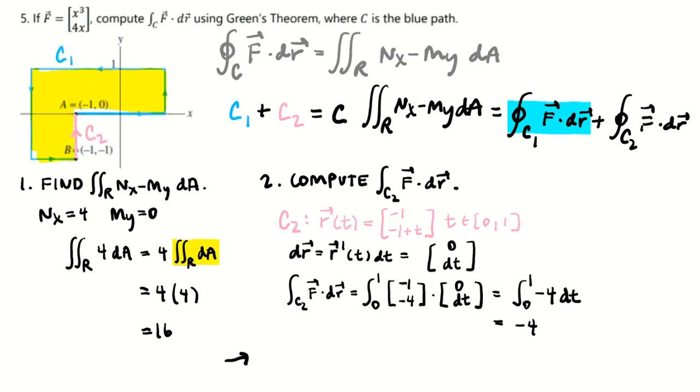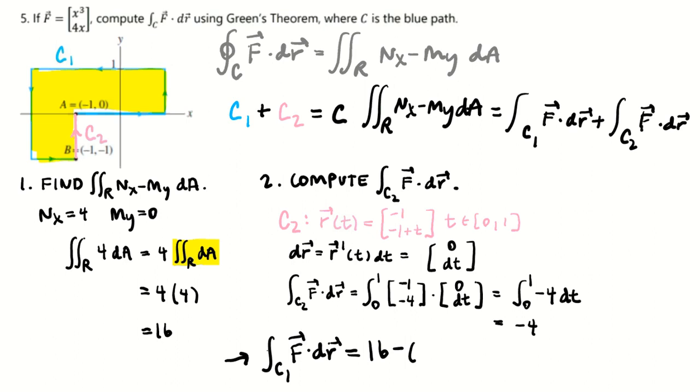I should have written those as closed loop integrals, but it's fine. The integral over C1 of f dot dr is going to equal 16 minus -4, which is going to be 20.